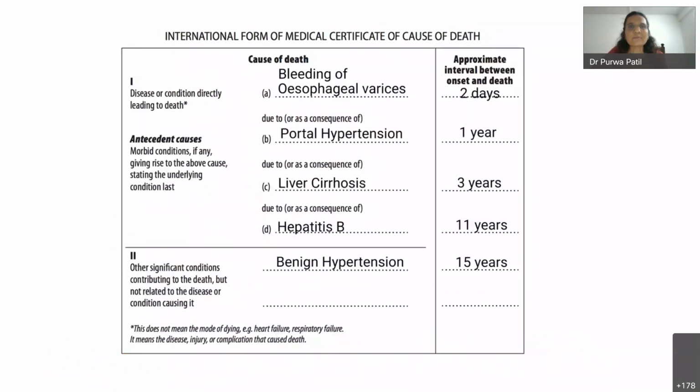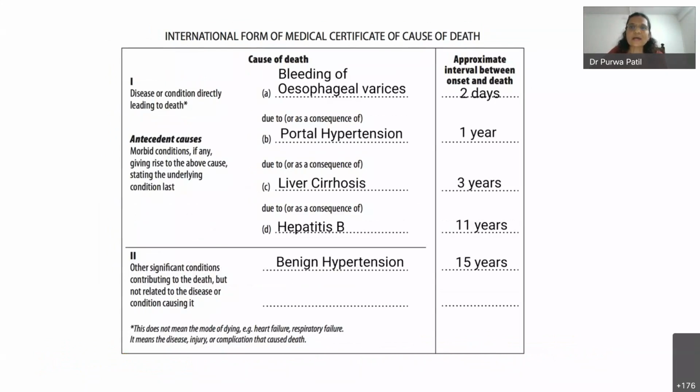I will show you an example, as in this case of the death of a patient because of excessive bleeding, the hemorrhagic shock, which was caused by bleeding from esophageal varices, which was noted by reducing hemoglobin in the patient and the patient going into hemorrhagic shock clinically. And also morphologically, on gross examination, we were seeing the esophageal varices. But that is the immediate cause of death.